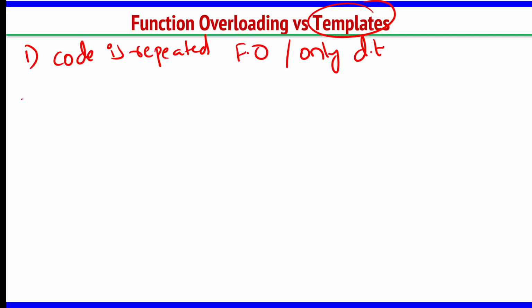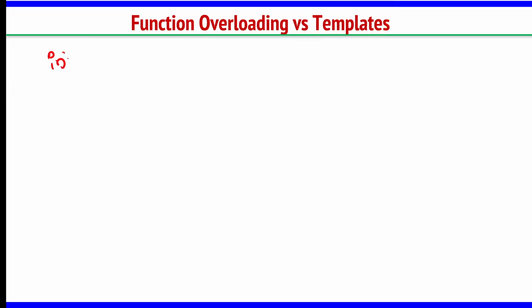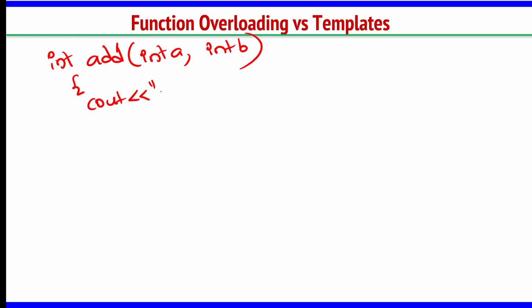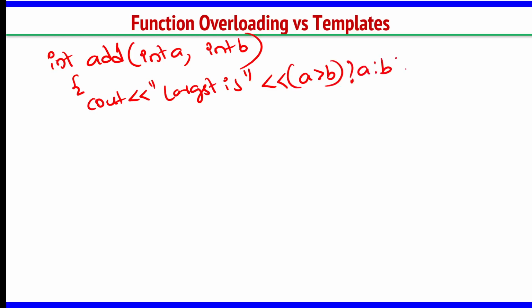The most important and actual difference between both is, suppose, see an example. I have int add, taking int a, int b as parameters, and here I am writing cout largest is, a greater than b question mark a colon b, inside this add function.